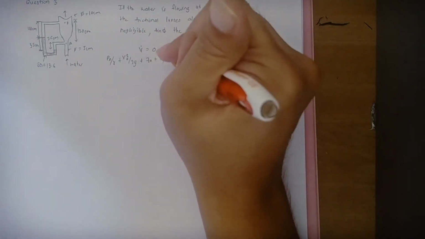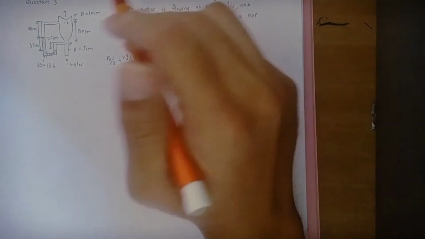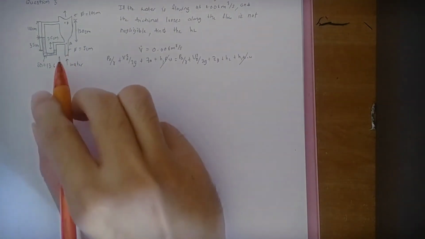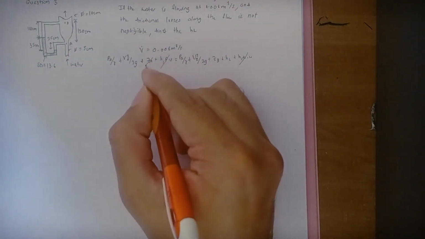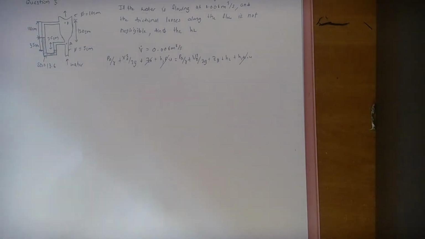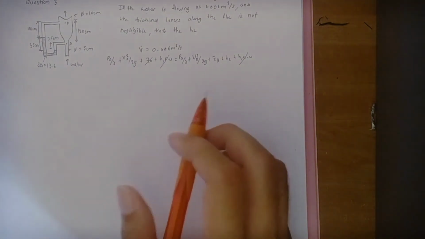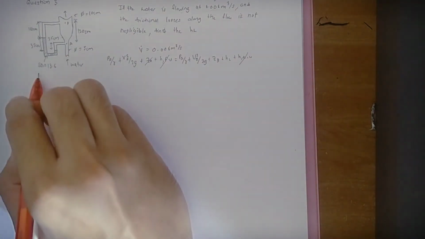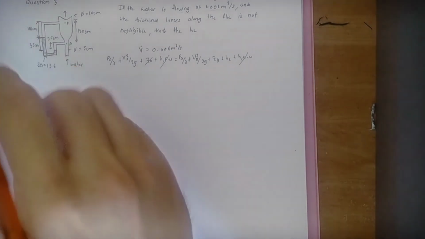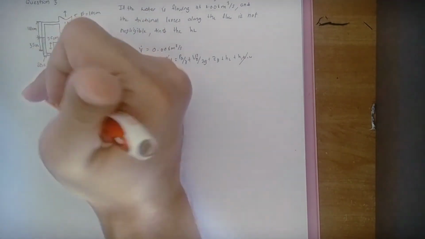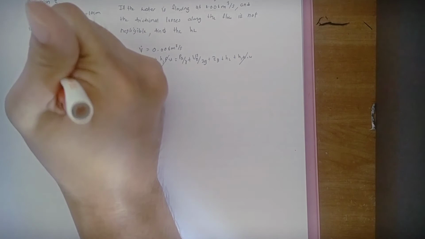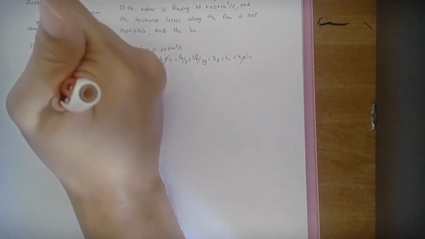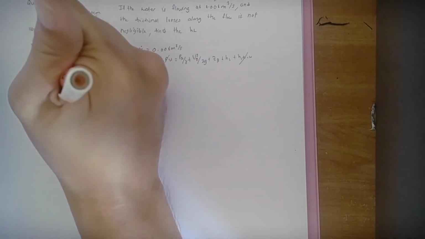Since we don't have a pump and turbine, we need to cut them down. And A is at the lowest elevation, so we need to cut ZA down. And that's it. After that, we need to find the lambda for this SG, 13.6, and 6 times 9.81 is equal to 133.6.